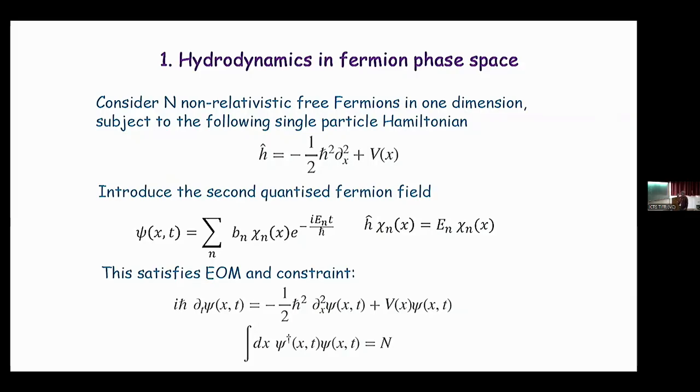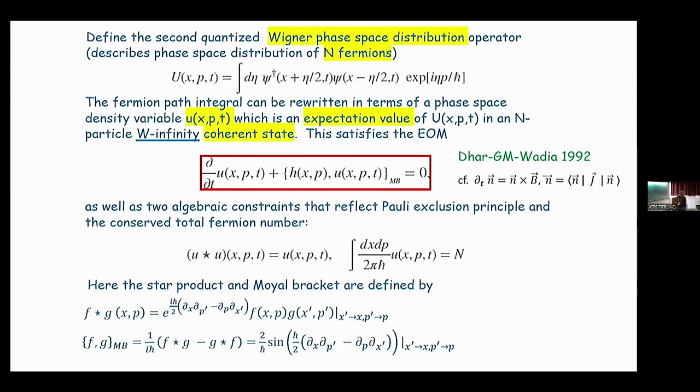Let us introduce the second quantized fermion field, whose oscillator corresponds to the wave function chi n, the eigenfunctions of the single particle Hamiltonian. This second quantized fermion satisfies this Schrödinger equation, and because we are in an n particle sector, there is a constraint on the Hilbert space saying that the total number of particles is n.